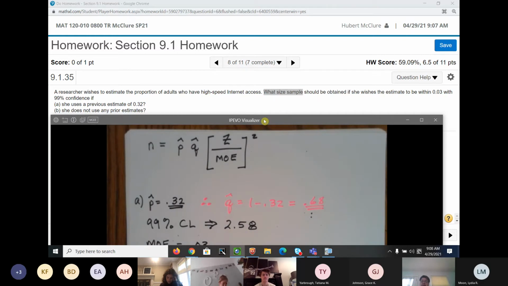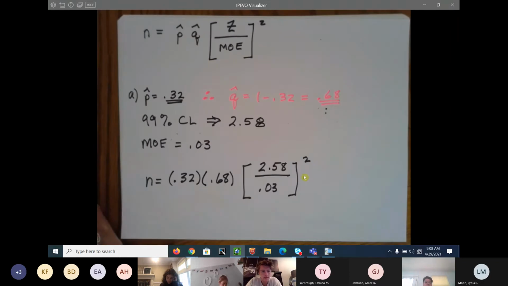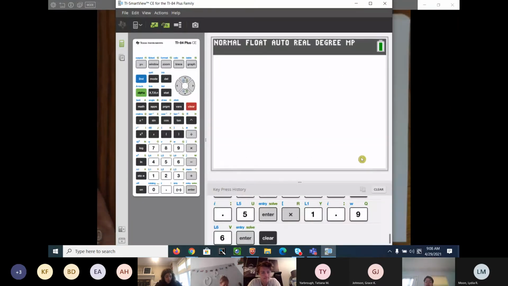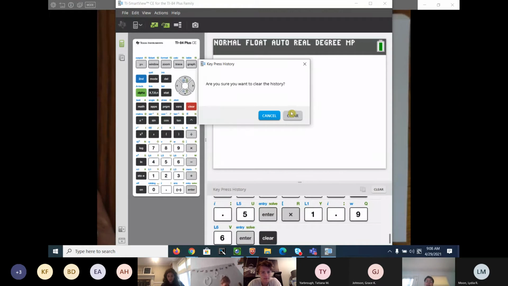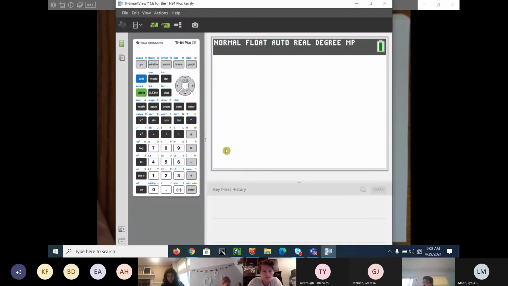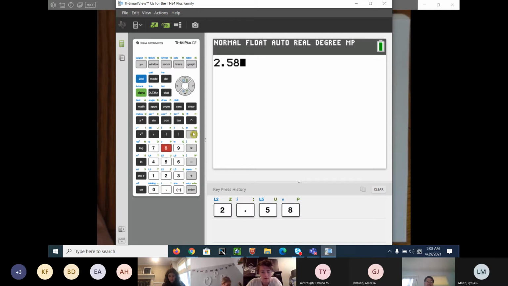Of course, I'm going to do that in the calculator. So pull up the calculator, clear. All right, so I'm going to do the parentheses first. 2.58 divided by 0.03.